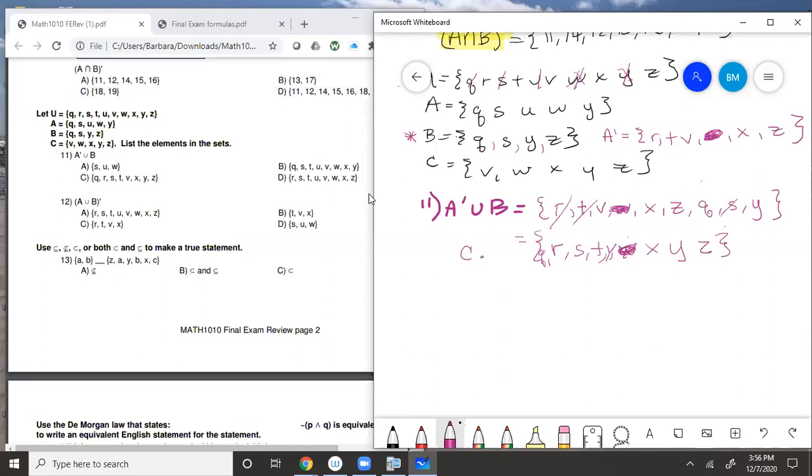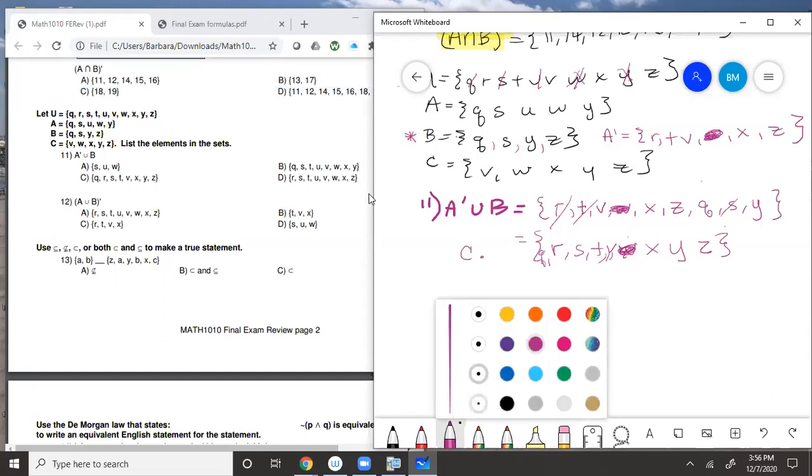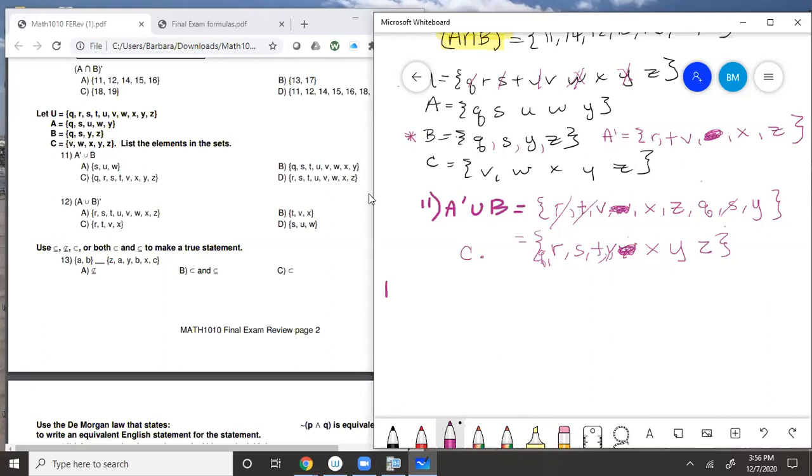And then number 12. What is the complement of A union B prime? First we need A union B, which is everything in A and B combined.